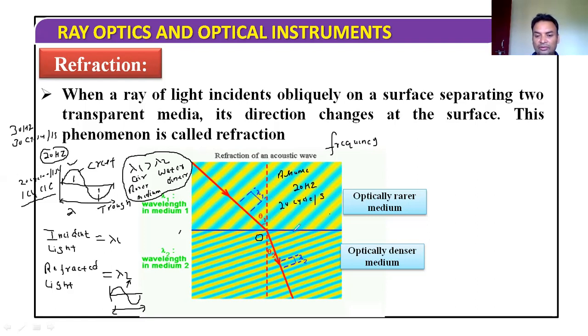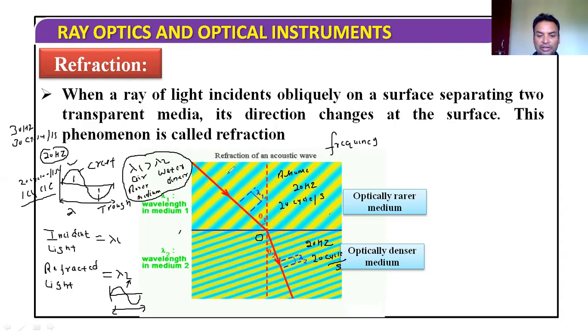When light enters water, it will have the same frequency, 20 hertz. Frequency will not change. It will maintain the same frequency, but the wavelength will decrease, as well as the speed will decrease.